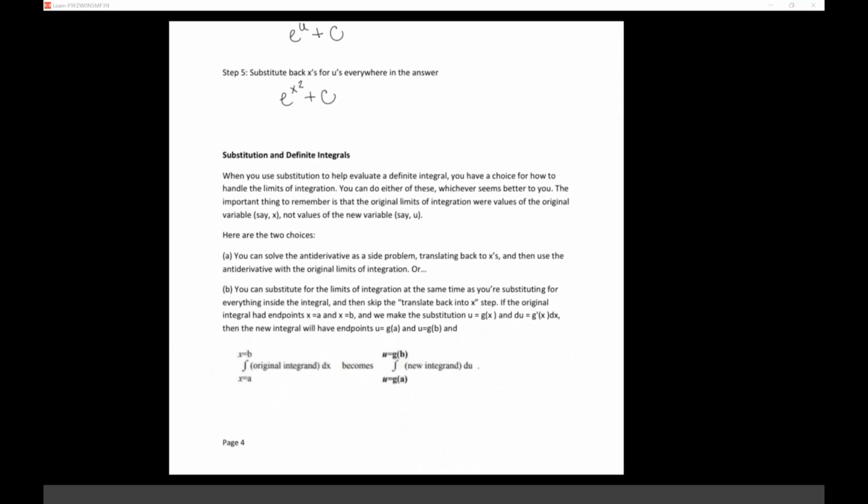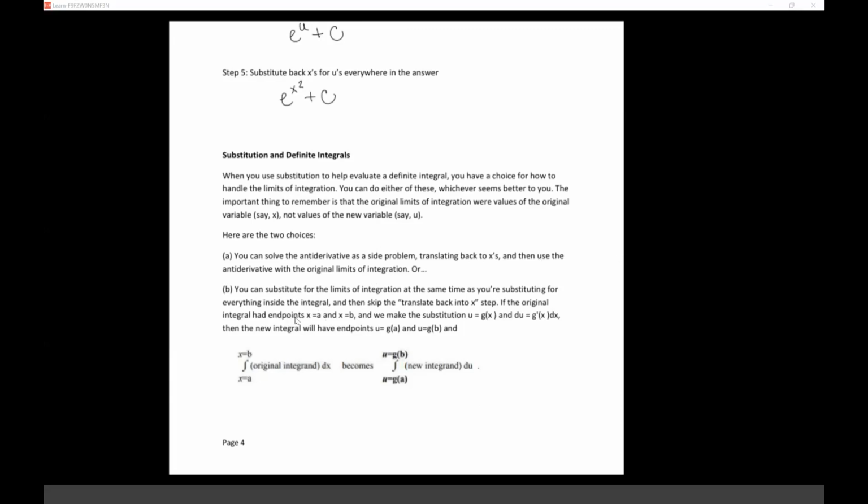And there's two ways you can handle it. In reality, what you're doing when you do u substitution is you're changing your variable of integration from x to u. So one method is to actually create u limits of integration. Basically, substitute the existing limits into your equation for u and put new limits on the integral.